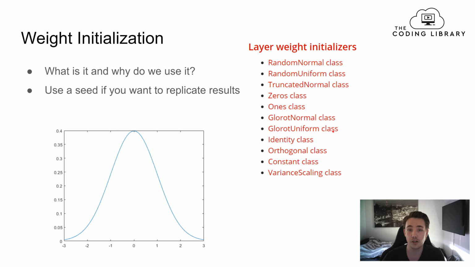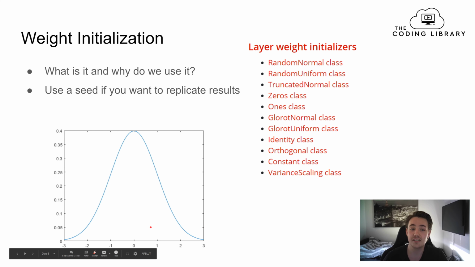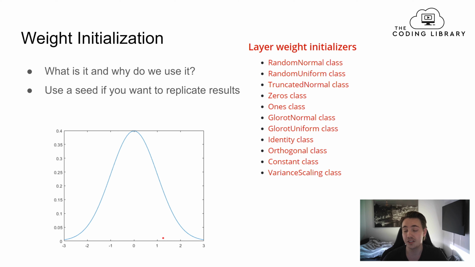And I'm going to show you the documentation of what these different weight initializers are and how they're defined. But if we just take a normal distribution here, for example, when we're initializing our weights, we have a mean of 0. So this will be the mean value of the data. And then often we will have a standard deviation of 1, when we're using this normal distribution to initialize our weights.